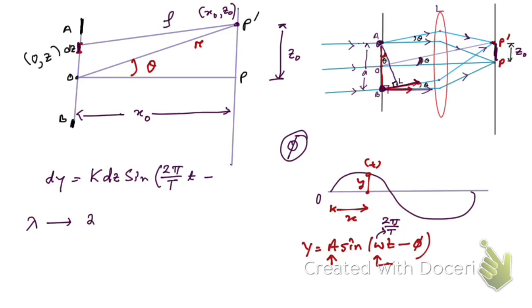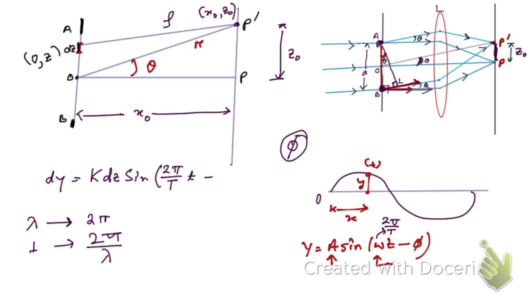So for a distance equal to lambda, we get phase difference 2 pi, and for 1 unit it is going to be 2 pi by lambda.